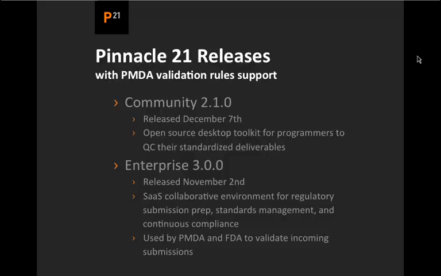That's the desktop toolkit that's great for programmers to QC their deliverables, while the enterprise version is a centralized software as a service platform that's used by larger teams to collaborate in submission prep, standards management, and continuous compliance. Both agencies do use the enterprise version of the product. So if you want to be able to validate against PMDA validation rules, make sure you have one of these releases, either Community 2.10 or Enterprise 3.0.